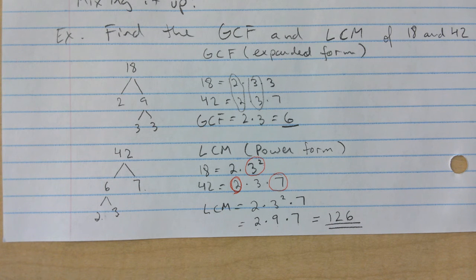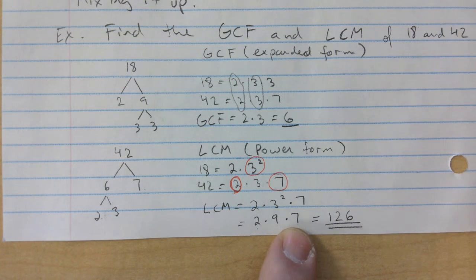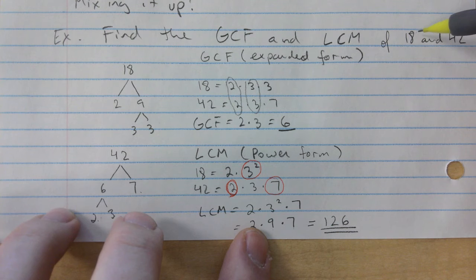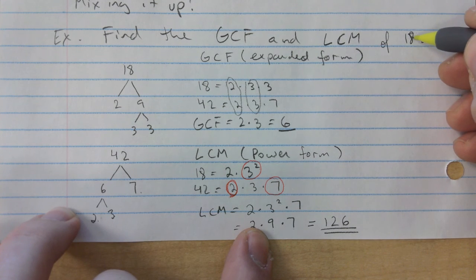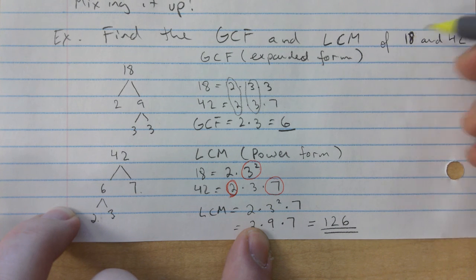So I'm going to talk about word problems here. How could this find its way into a word problem, right? I'm just going to make up something here. Let's say there are two students. The first student pays for a lunch, like a monthly lunch pass, every 18 days.